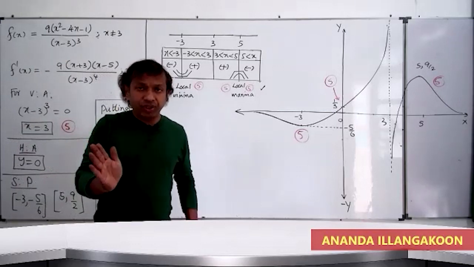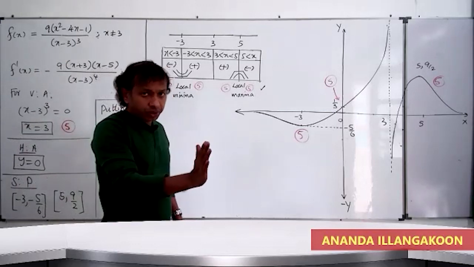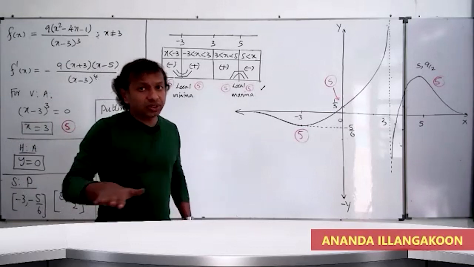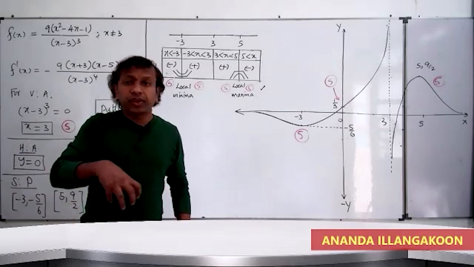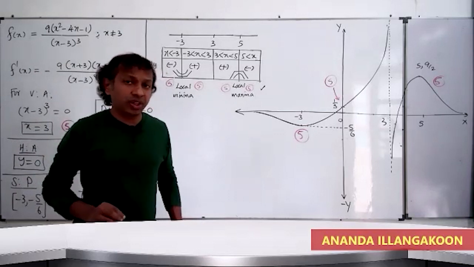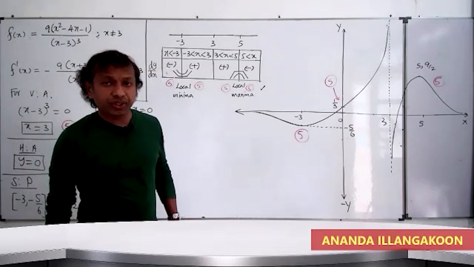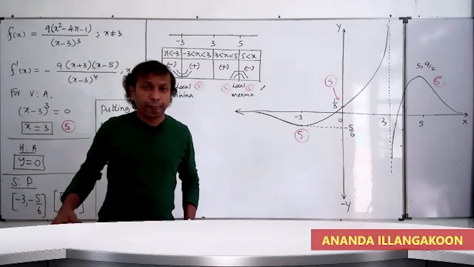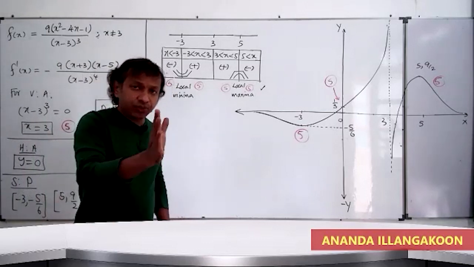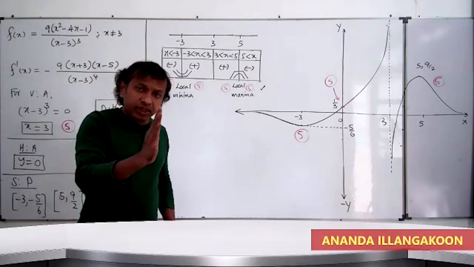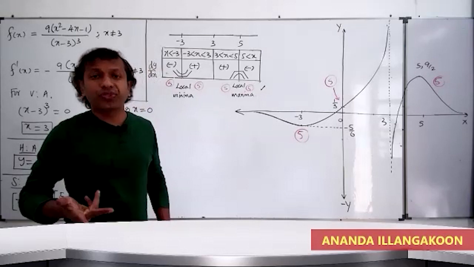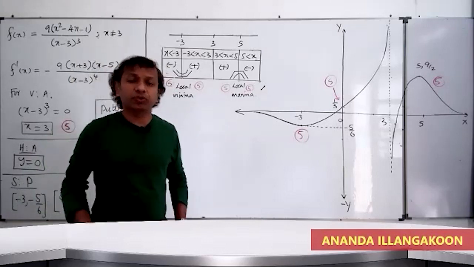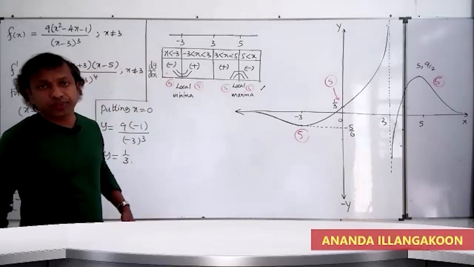At the points of inflection, the second derivative is 0. That's true. But the converse is not true. Even though the second derivative is 0, nobody can say definitely there should exist points of inflection. So therefore, we have to find x values where the second derivative is 0. At those x values, before and after, the sign of the second derivative must be opposite. Then only we can say at those points there are points of inflection. Right? Okay.